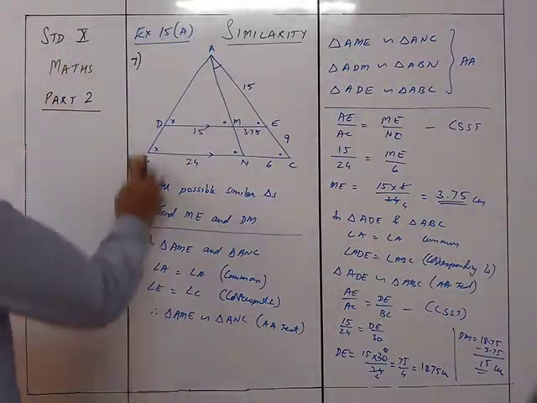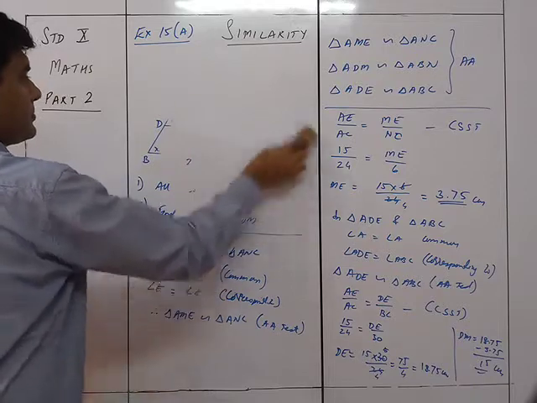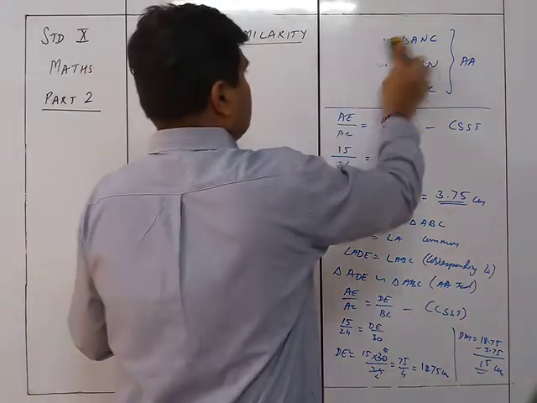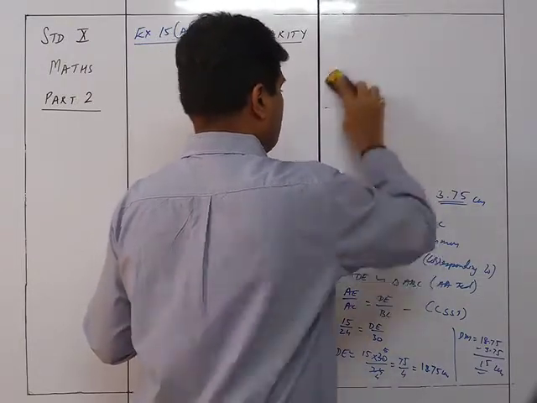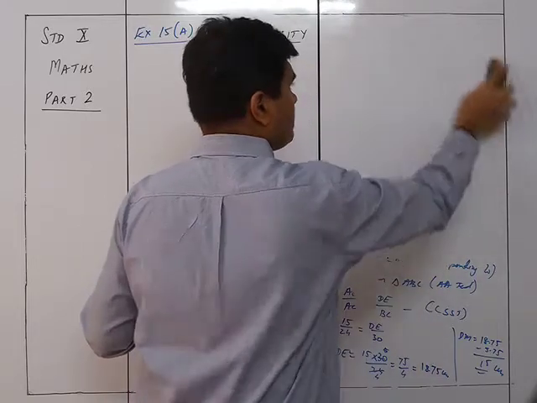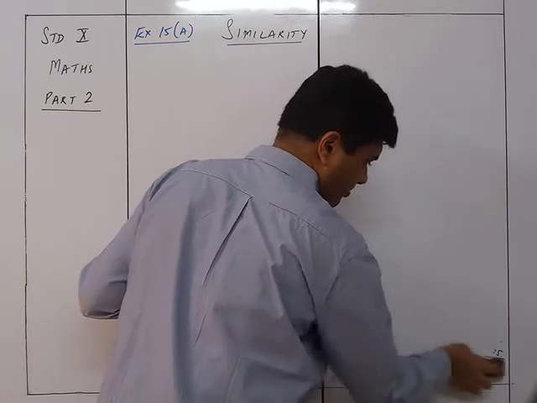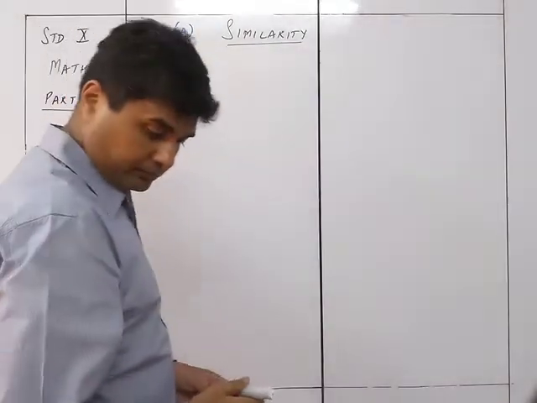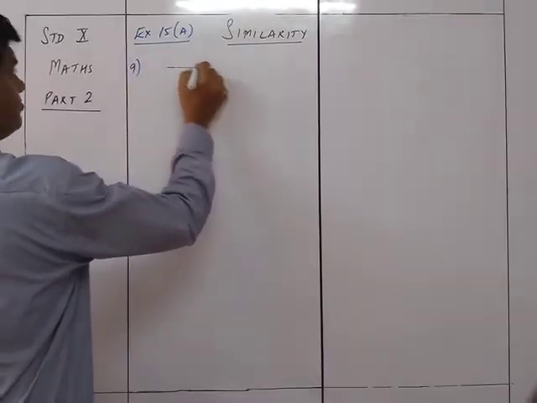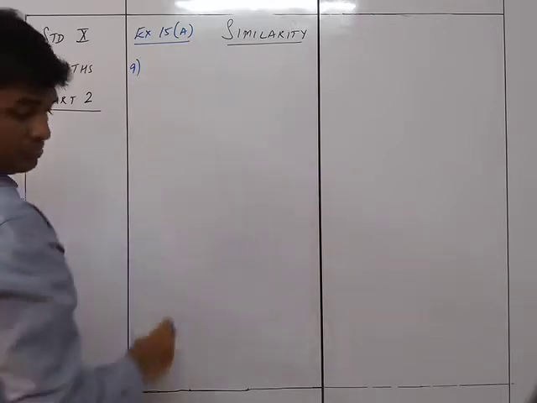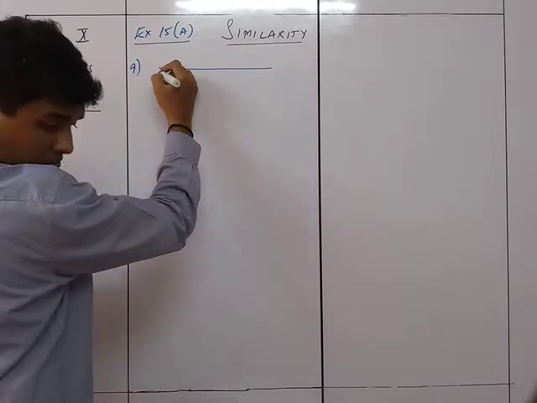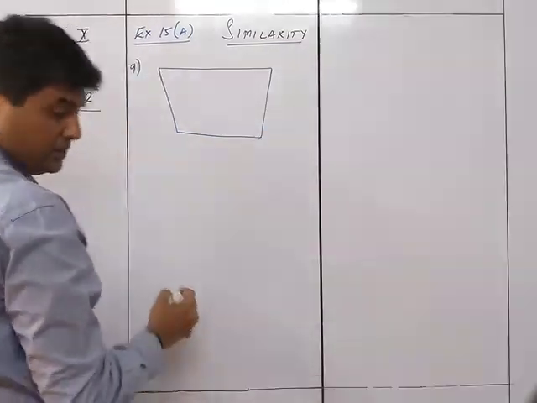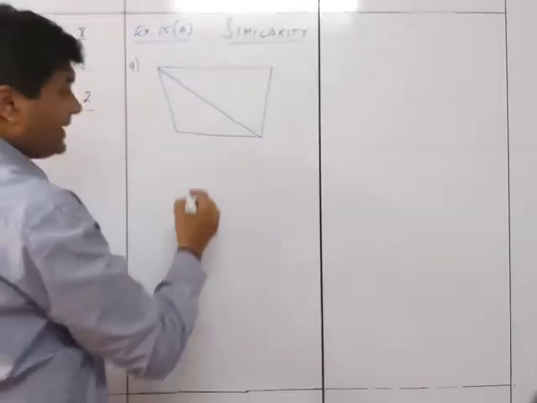We move on to sum number 9. They're given a figure, a trapezium, and one diagonal and then one just line in between.